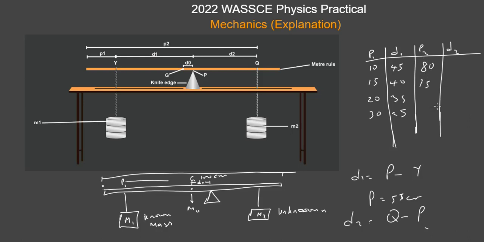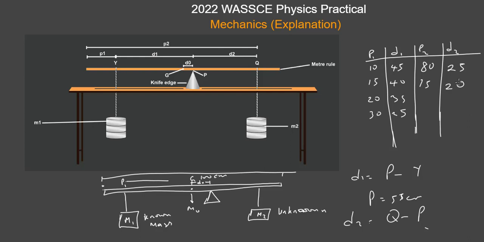If this is 80, then if you remove 55 from here, you are going to get 25. The same thing goes here: if you remove 55, you're going to get 20, and it goes on like that. So this is how your table of readings will look for this particular experiment. This is a likely experiment you should be expecting.